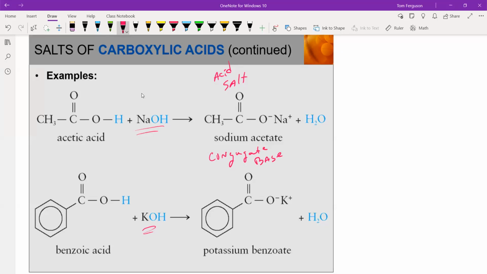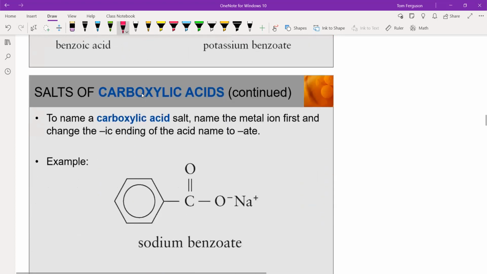It's also known as a conjugate base. And we're not going to worry about this. This is a 305 designation there. So we're not going to worry about calling it the conjugate base, but that's what they talk about when you talk about acid-base chemistry: acids and the conjugate base. Okay.